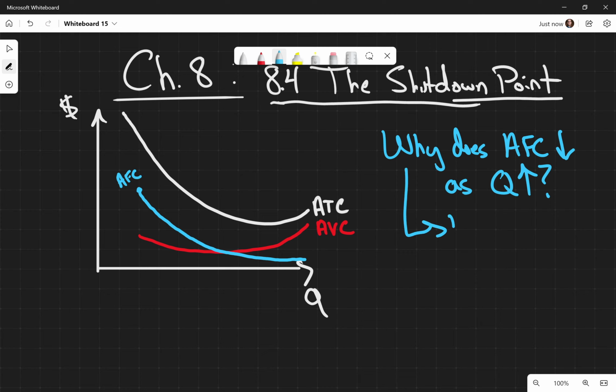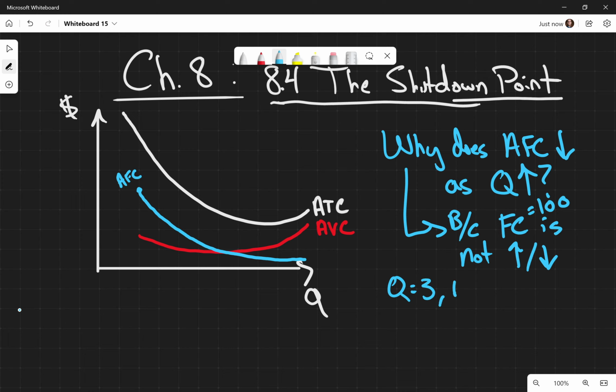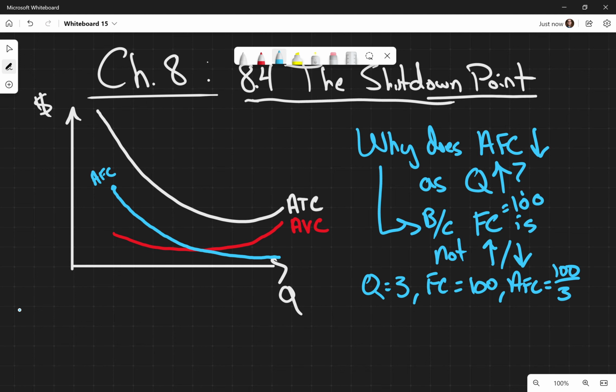The answer is because the fixed cost is not increasing or decreasing, right? It's fixed cost, right? So let's say that the fixed cost is equal to 100. So when quantity is equal to 3, the fixed costs are equal to 100. The average fixed cost is equal to 100 divided by 3, which is 33.3 or something.